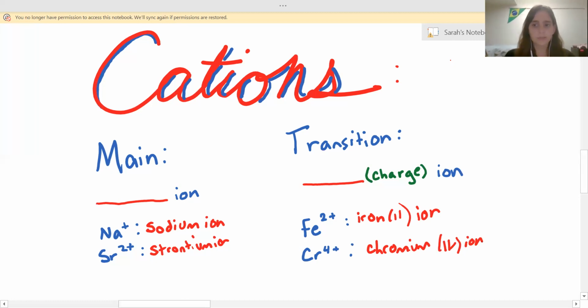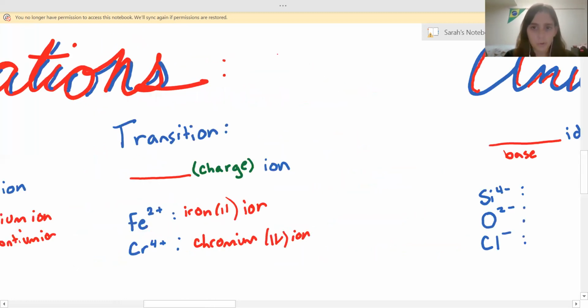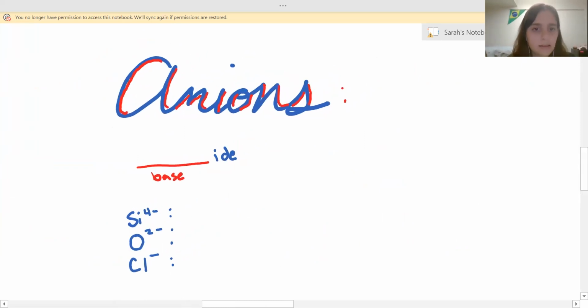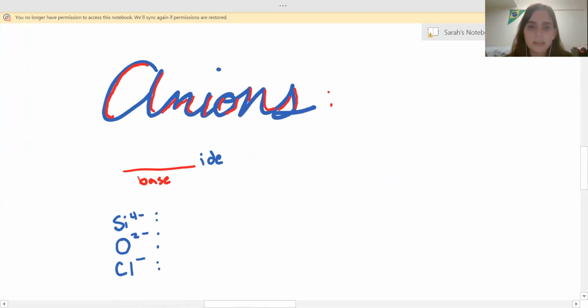All right, awesome. This is pretty straightforward. Once you've gotten cations, anions won't be very different. For anions, the groups 14 through 17 that have consistent negative charges go by this rule: you'll say the base of the element and add "ide" to the end.